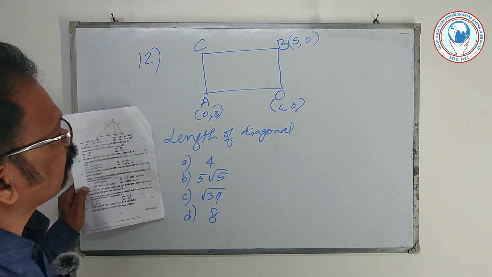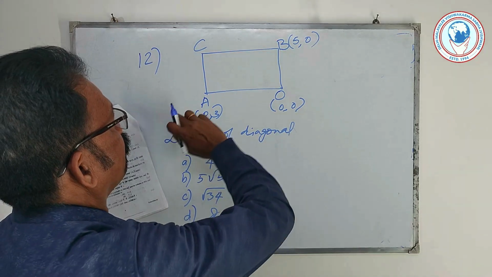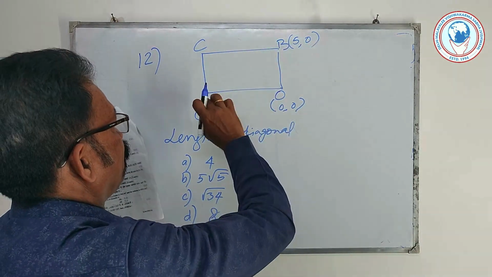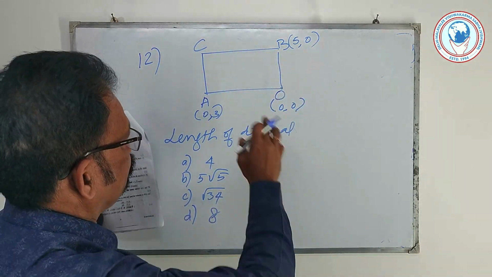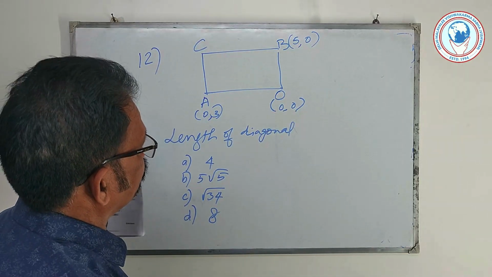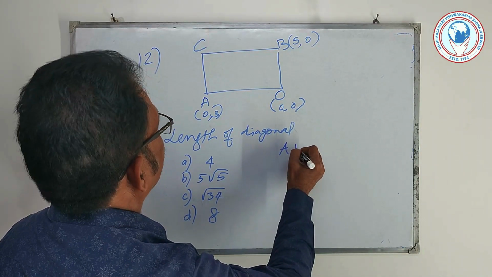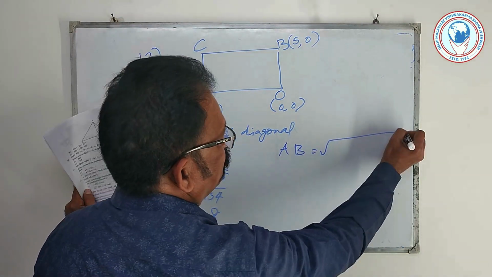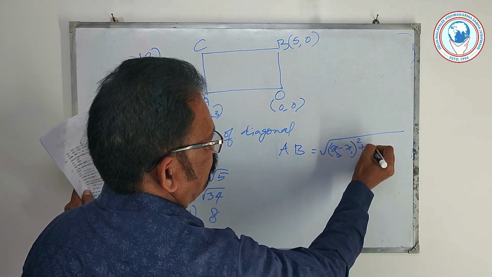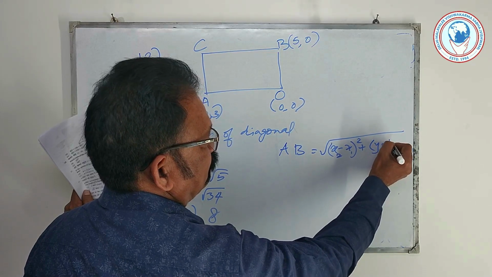So we want to find the diagonal. We can take any diagonal, either AB or OC. Since points A and B are given, we take AB. It is a rectangle, therefore both the diagonals are equal. Distance between two points is equal to root of x2 minus x1 the whole square plus y2 minus y1 the whole square.